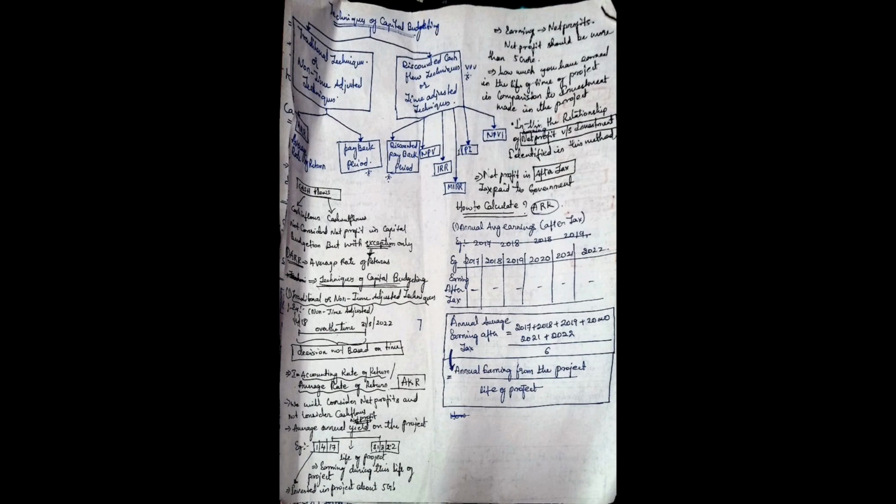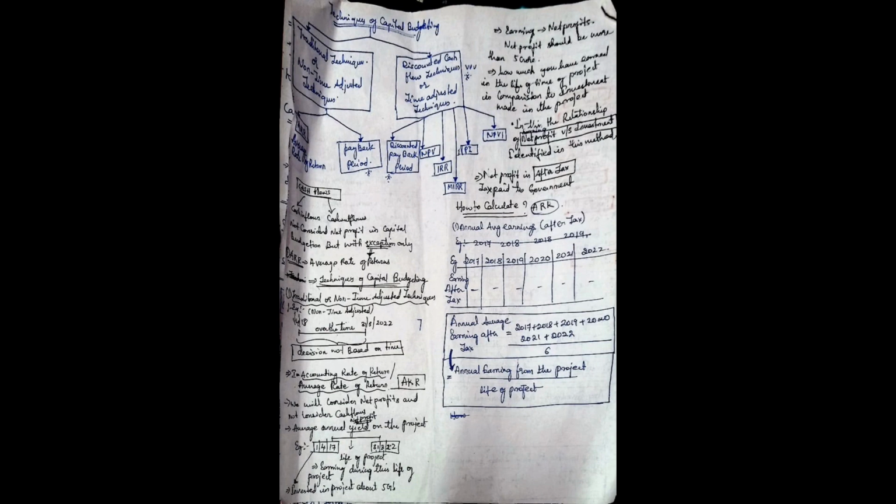So the earning during this life of the project, invested in the business, for example about 5 crore, the earnings, which is nothing but net profit, should be more than 5 crore.